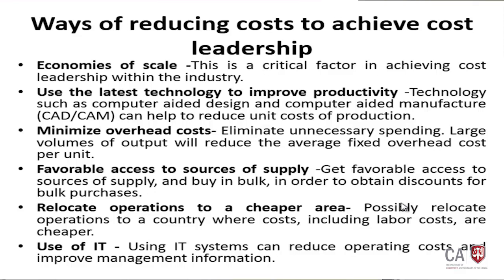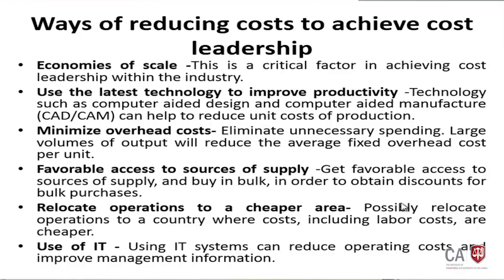Then another one is favorable access to sources of supply. So, if you can get the required raw material at very low cost, then that will help you to reduce the cost. Then relocate operations to a cheaper area.